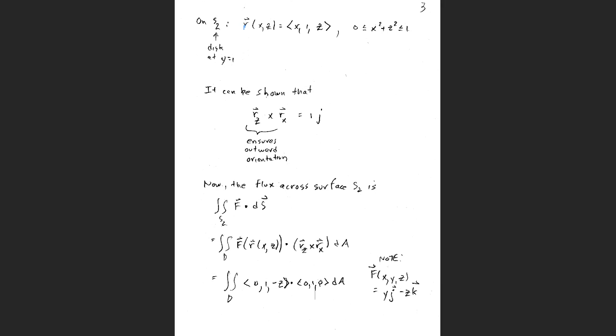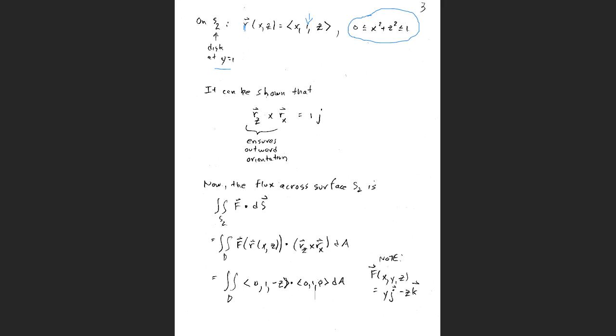So the parameterization of surface S2, the disk at y equals 1: y always equals 1, x is x and z is z. And here is the limitation on x and z. It can be shown that the cross product of rz cross rx equals 1j.